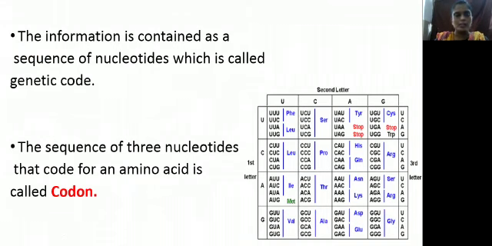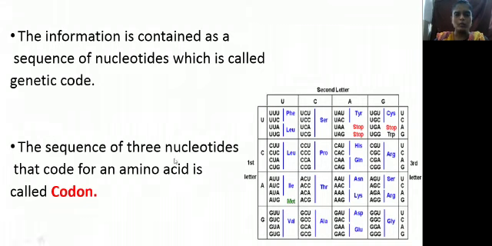The genetic code is in the form of three nucleotides that code for a single amino acid, that is, a triplet. Three nucleotides, a single triplet, combine to form one codon, and one codon codes for one amino acid.